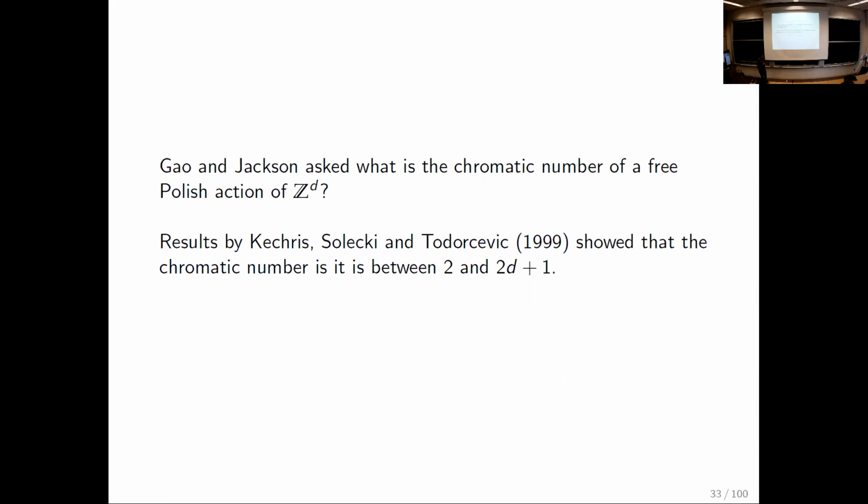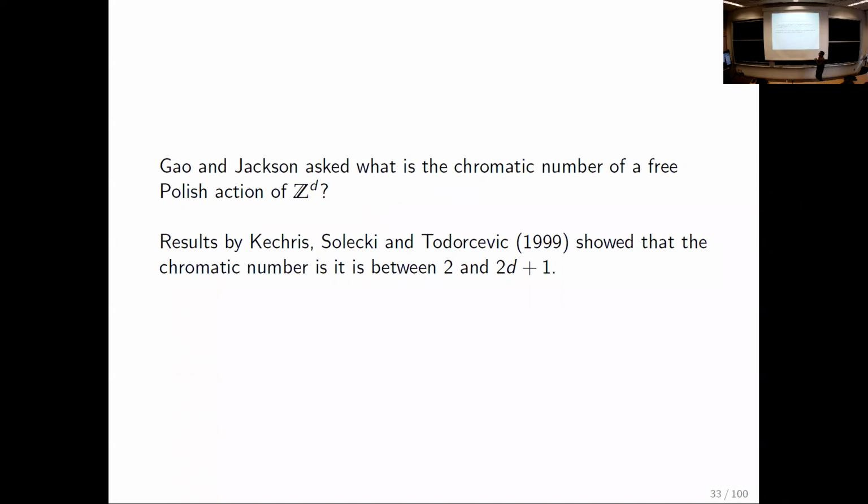So I am using the periodic points and I'm keeping them separate, but they cared about the periodic points as well.